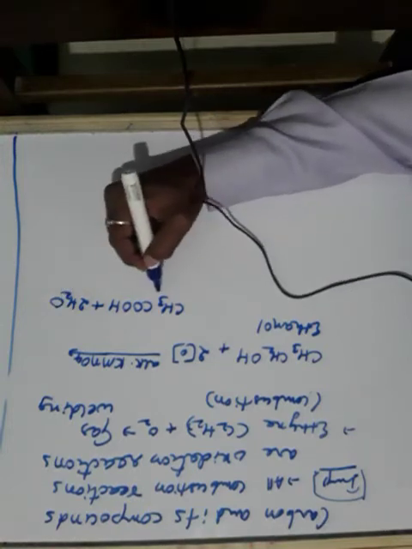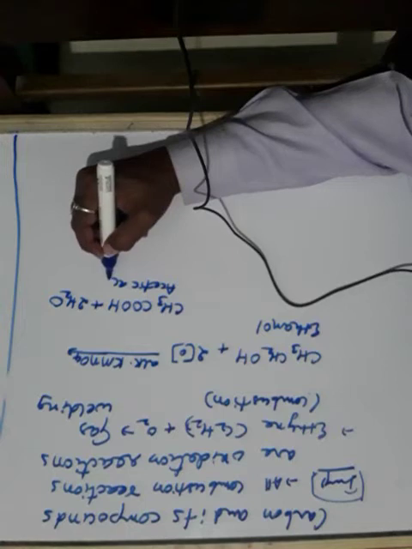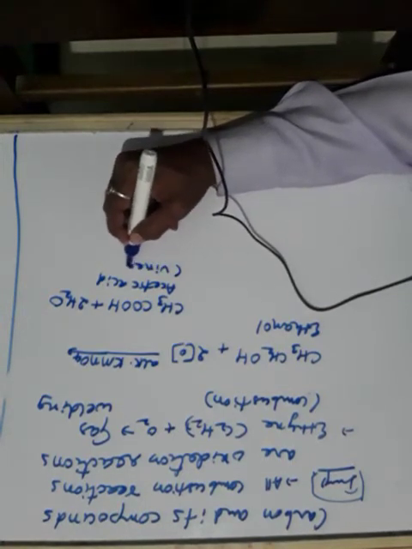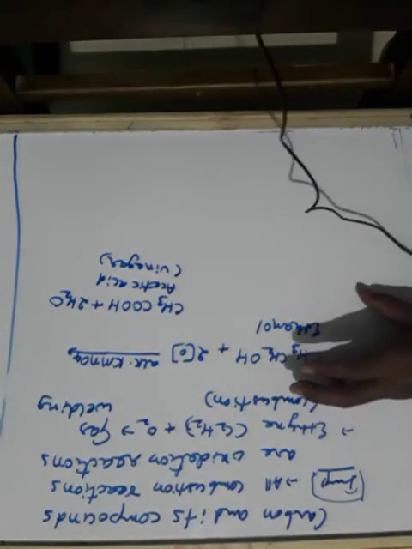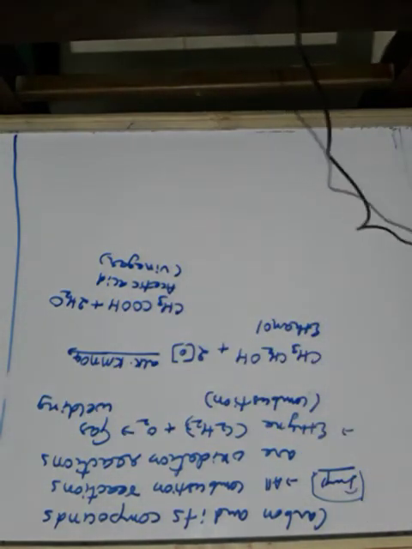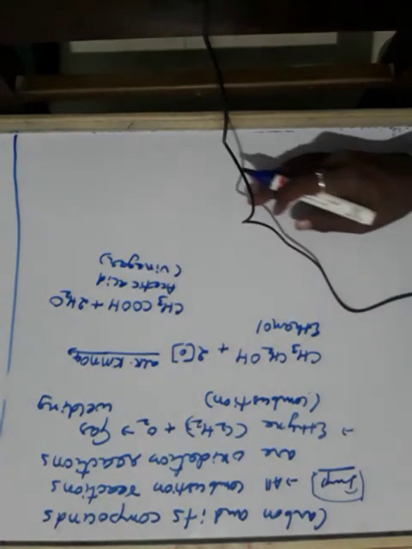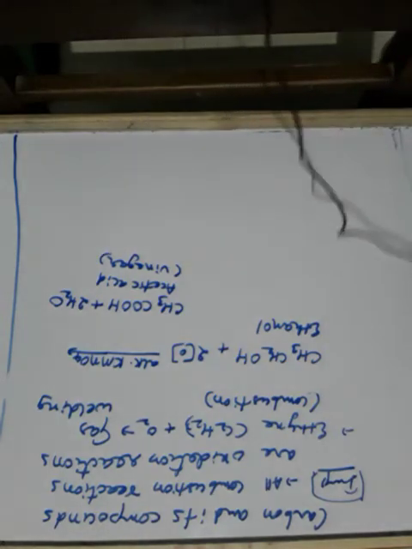This is acetic acid, you call it vinegar. That's why if you control the burning of this ethanol in the presence of alkaline KMnO4, then we will get one useful compound called acetic acid.